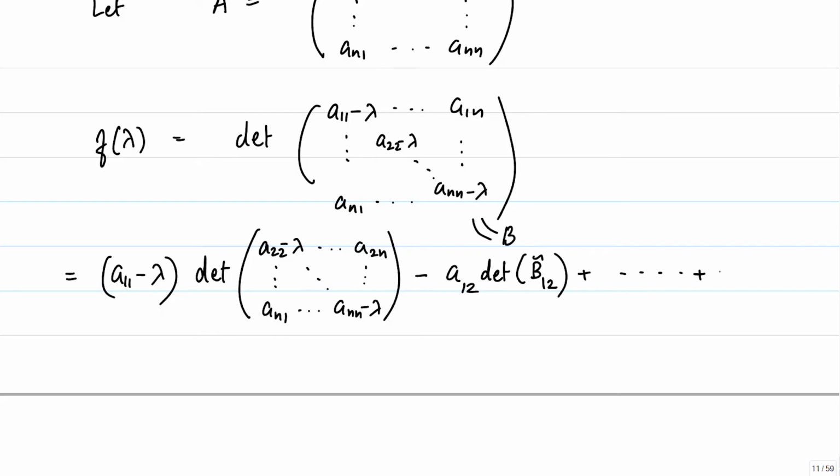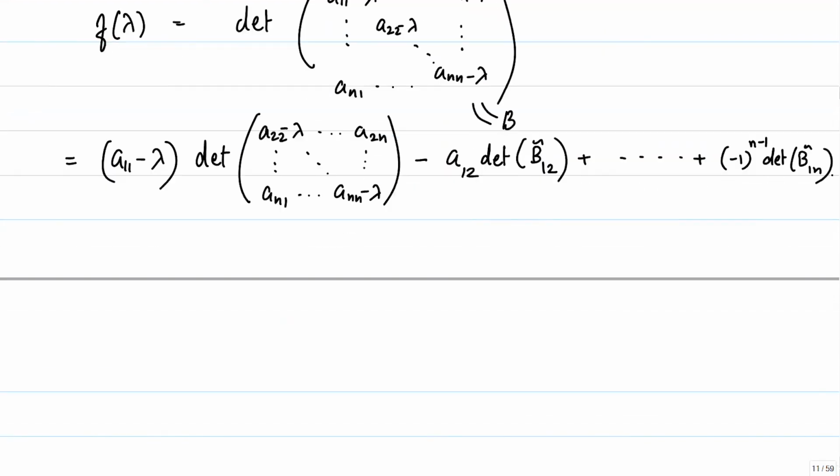Okay, let me write down the final term. This is just minus 1 to the power n plus 1 times the determinant of b1n tilde. Alright, so this is the cofactor expansion of the determinant of B, where B is the matrix A minus lambda I.